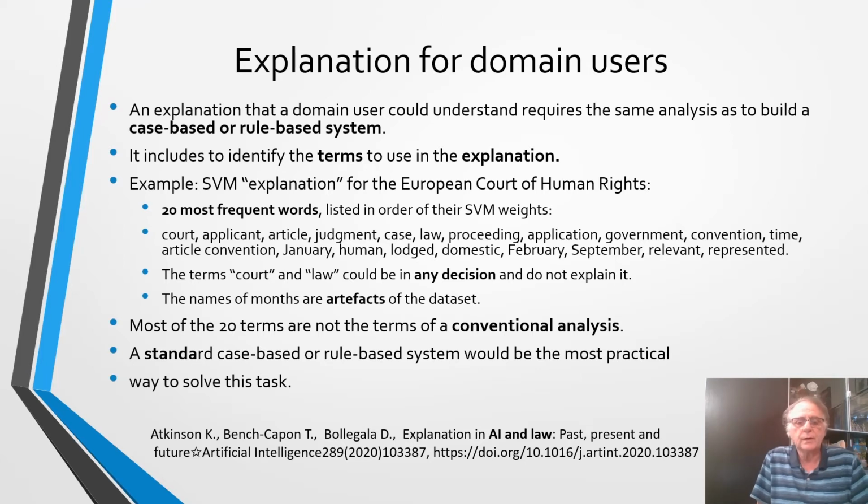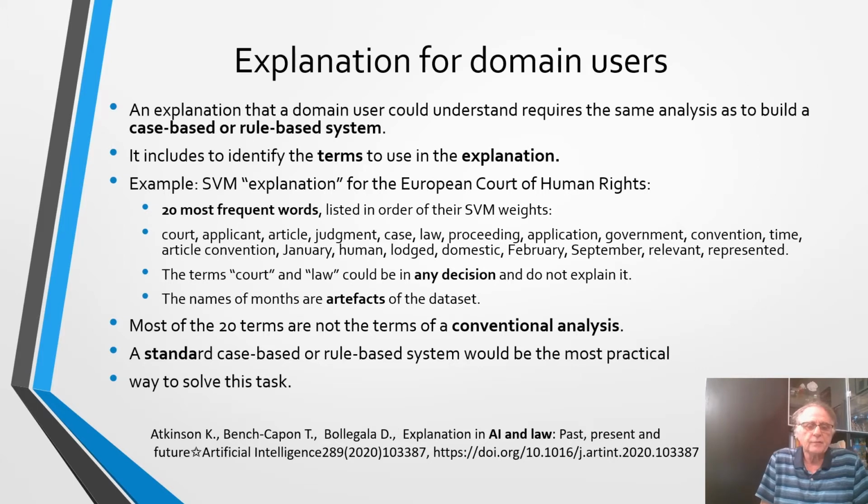This is the suggestion made recently by a group of authors in 2020 when they discuss AI and law, how explanations can work in law, where obviously there is a very strong requirement for the explanations. And obviously this also includes identifying the terms that will be used in explanation.